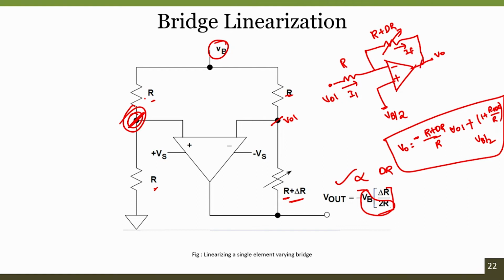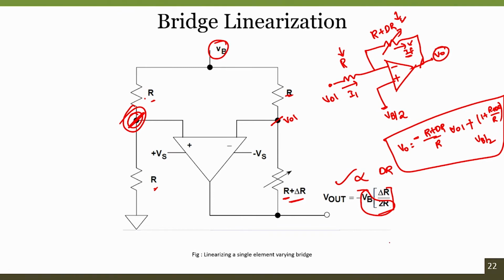So this particular potential will vary in order to maintain the same current flowing in the resistance R as well as R plus delta R. Which means the current flowing through R plus delta R will be constant throughout the operation. So what is going to happen? Any change in the sensor resistance, since the current is already constant, changes the output voltage, because of which we get an output voltage proportional.